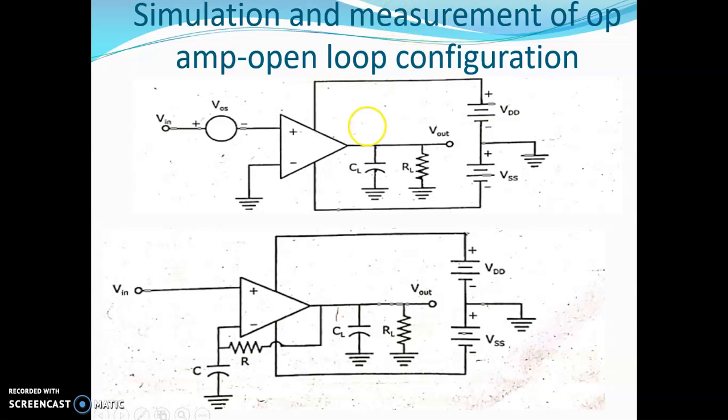So when you are taking the simulation and measurements of op-amp, you have to take these specifications: the open loop frequency, input offset voltage, common mode, PSRR. So many parameters are there. You have to check the measurements and simulation for all such parameters when you are going to simulate and measure any particular op-amp. So in this section, first we will be seeing the first one, that is called the open loop configuration.